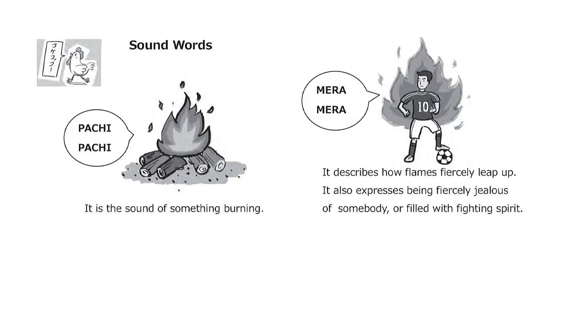Here's another word to describe the flames of the fire. メラメラ。 Mera-mera. What kind of fire does this describe? This will be a fire where the flames are fiercely leaping up. メラメラ also expresses a feeling of fierce jealousy or filled with fighting spirit. Being mera-mera with jealousy. Wow, that's kind of intense, isn't it?